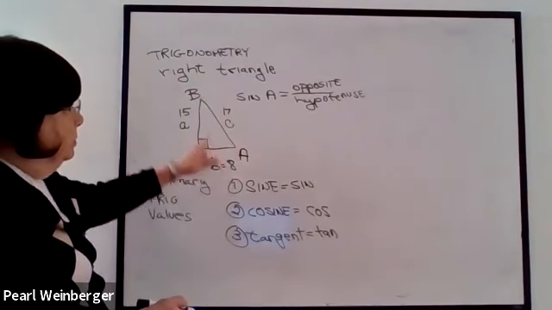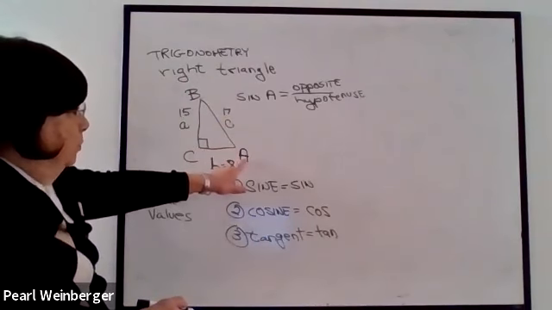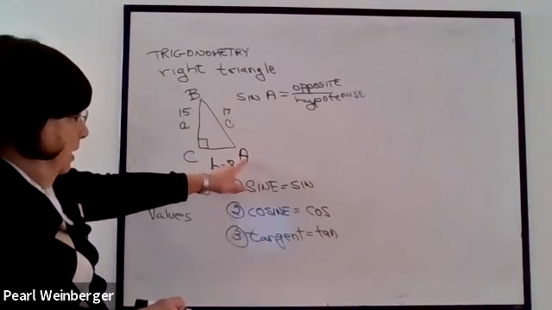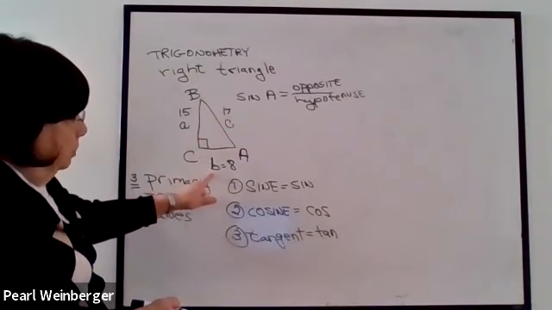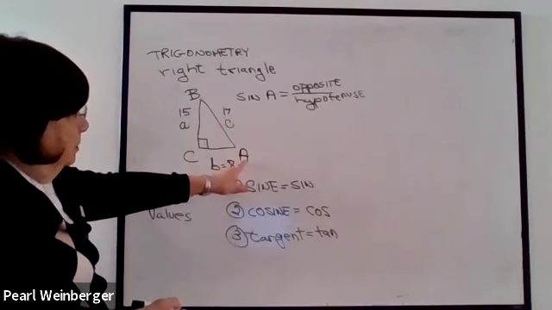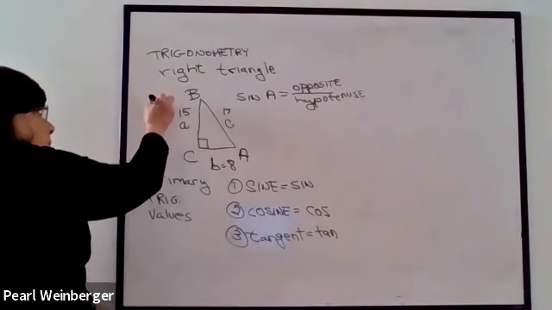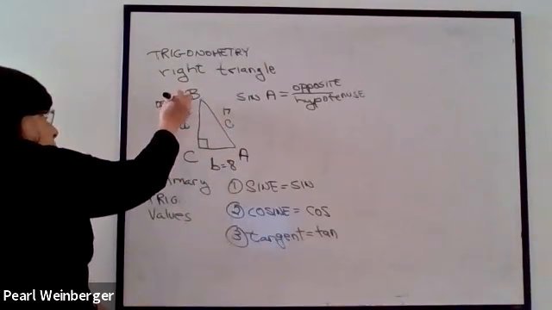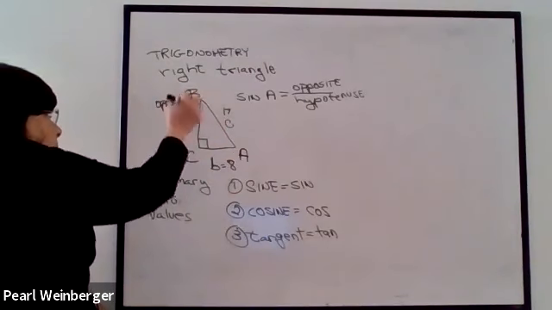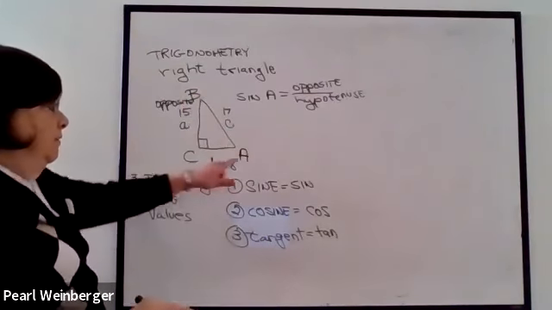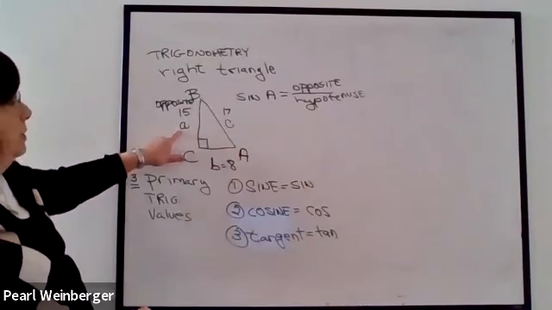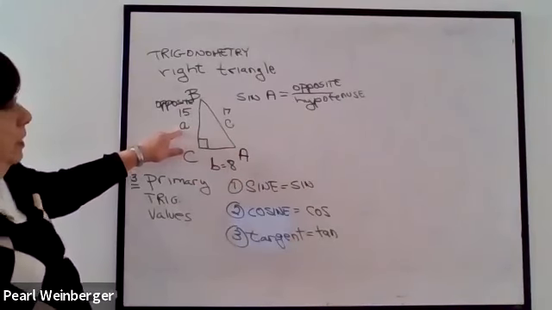But the other 2 sides, one will be opposite to angle A, and one will be right next to it. The opposite is the one that's across from it, it's going to be this one, the one that has the same name, because that's how we named it.